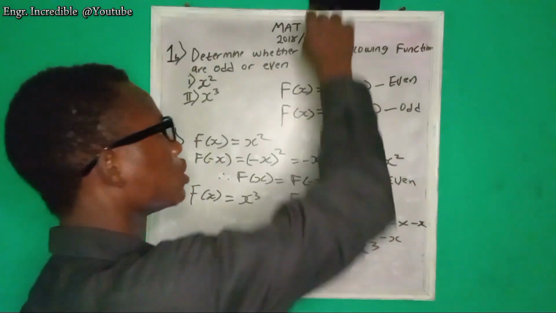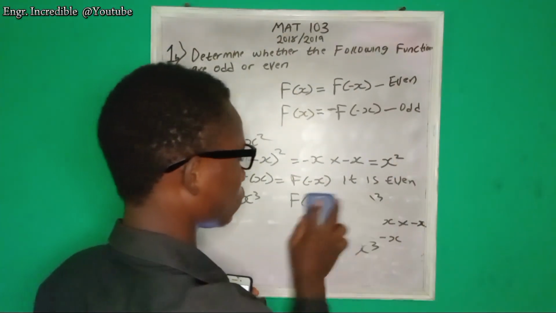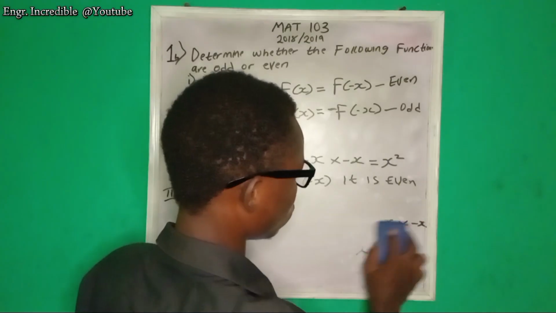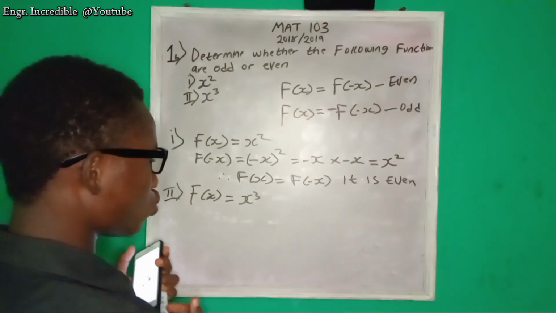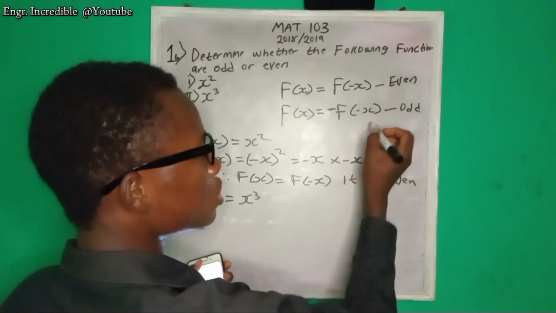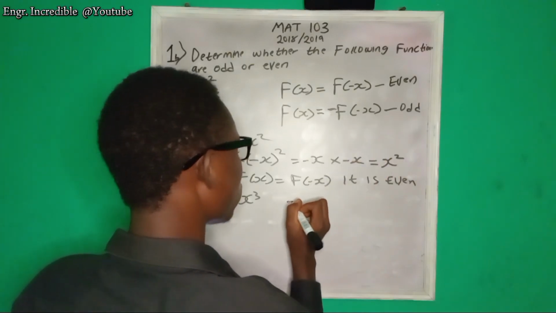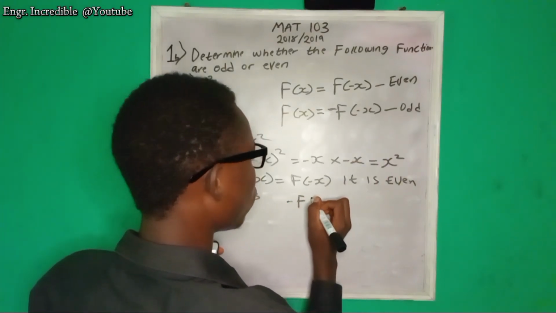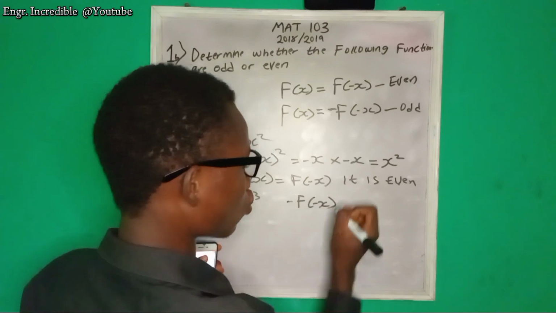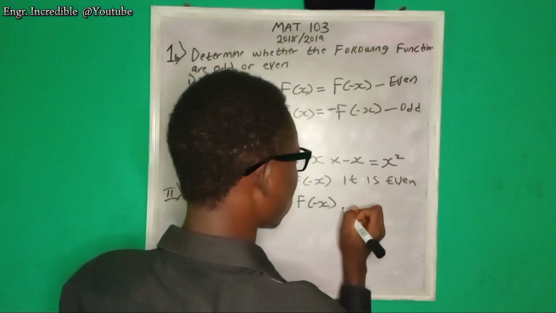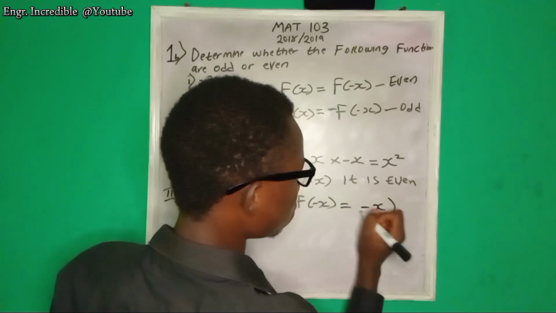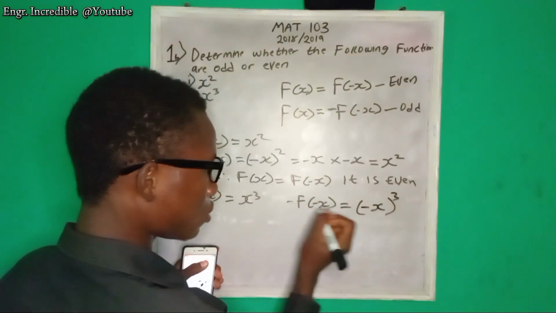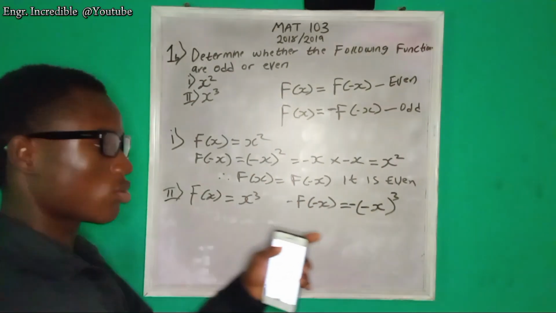So now we are going to check if it is odd. So f of x is x cubed. Now to check if it is odd, we use the second one, which is minus f of minus x. So minus f of minus x, we have minus of minus x cubed, with the minus at the front being the minus that is coming with the function.